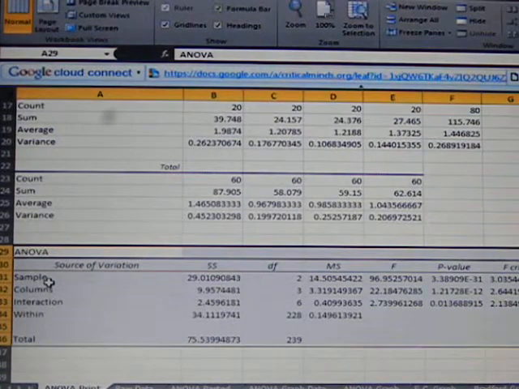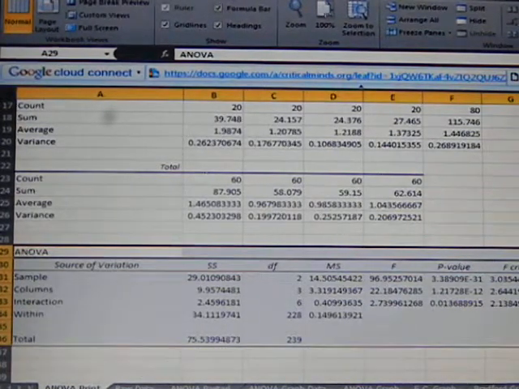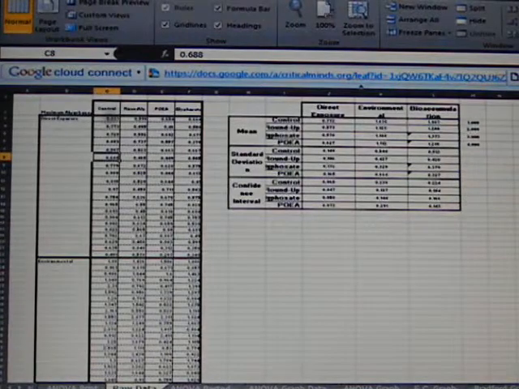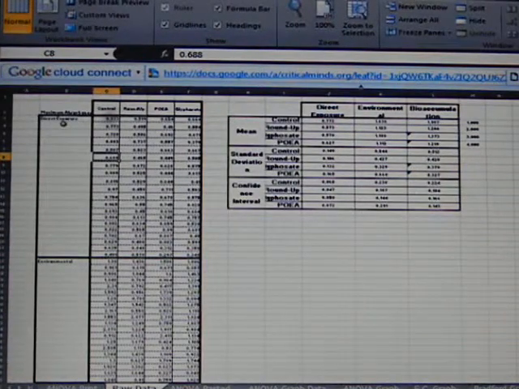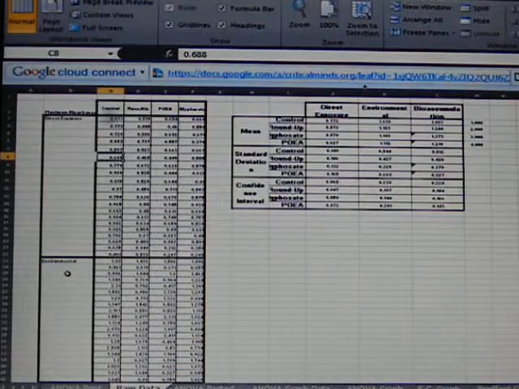Sample is with respect to the rows, columns is with respect to the columns, and interaction is the interaction between those rows and those columns. On your original raw data, the rows were the means of exposure, and I retitled the sample or rows as the means of exposure on your poster. So you should be able to see that. That's what that's referring to.